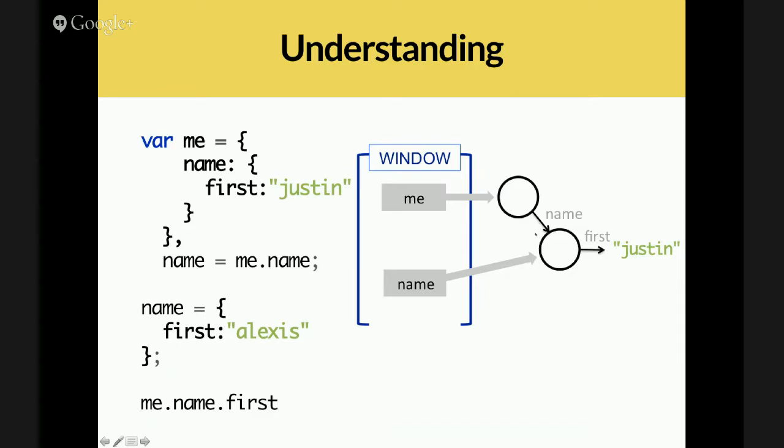They're not pointing at the same memory address. Instead, they're pointing at the actual value. It's its own pointer. So that's why when we set name now equal to something else, we're just creating that object and then setting name to point to that. So that's why me.name.first is still going to point at Justin.